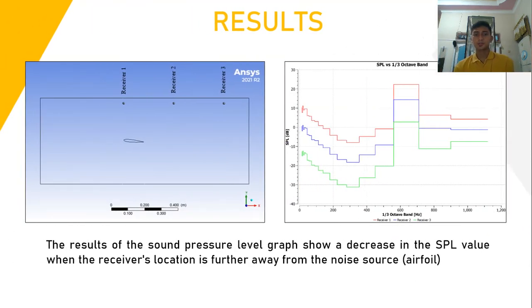This sound pressure level graph shows a decrease in the SPL value when the receiver location is further away from the noise source, the airfoil. Receiver 1 has a higher SPL result than receiver 3 because the distance or location is an important effect on SPL.